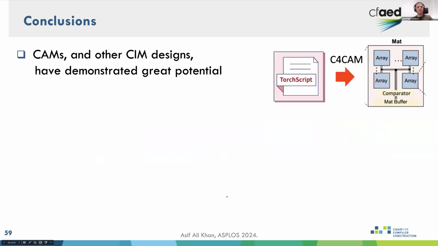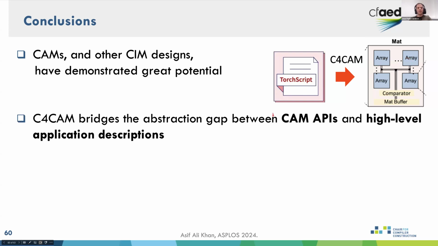All right, so coming to the conclusion: CAMs, as in other computing memory designs, have great potential, right? In this work, we bridge the gap between high-level representations, for instance written in TorchScript or some sort of Python, and these accelerators based on content addressable memories.